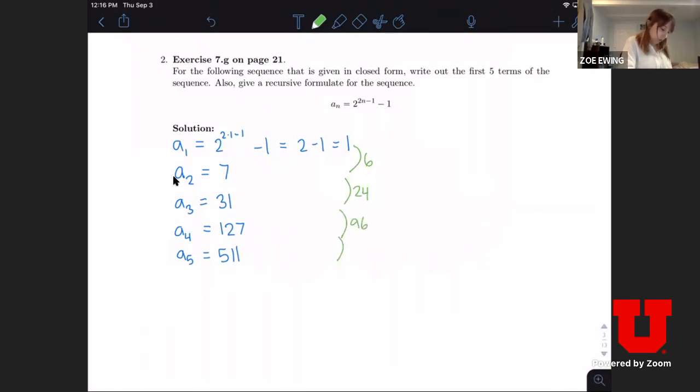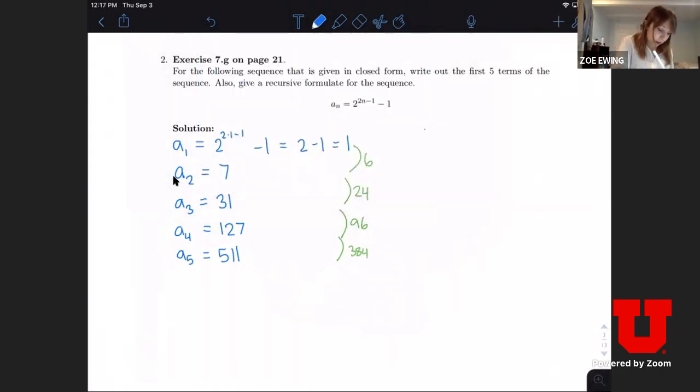And 511 minus 127 is 384. So what I notice here is that all of these changes in between the numbers, they're going up by 4 times. So like 24 is 4 times 6, 96 is 4 times 24. So that is a good hint.